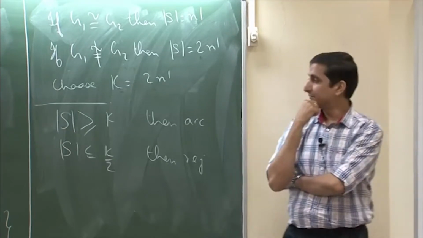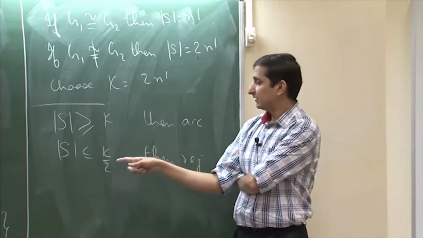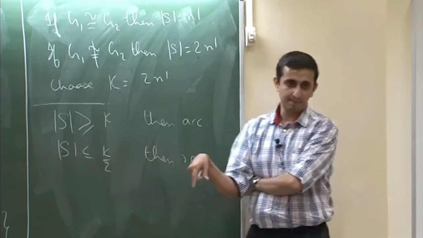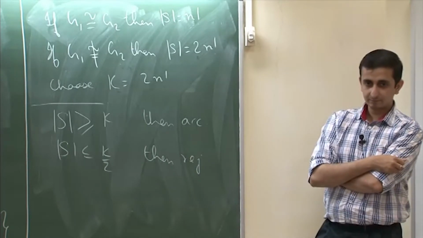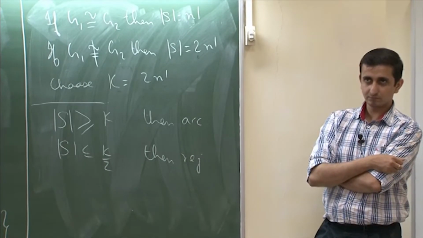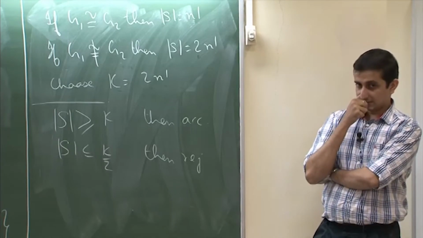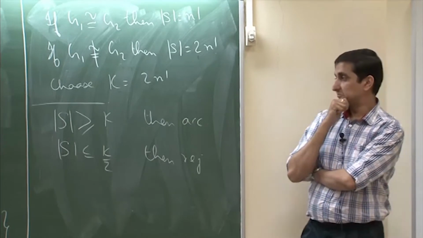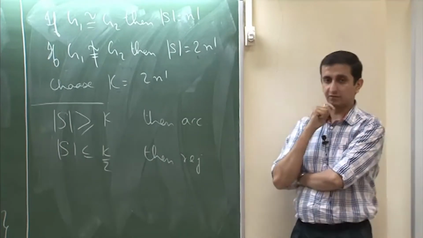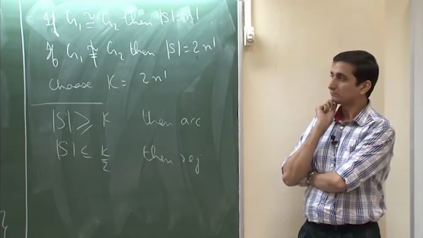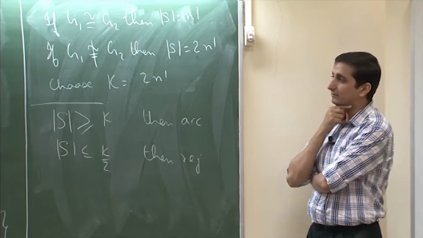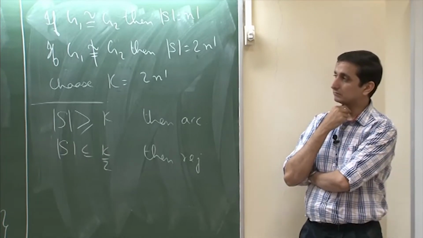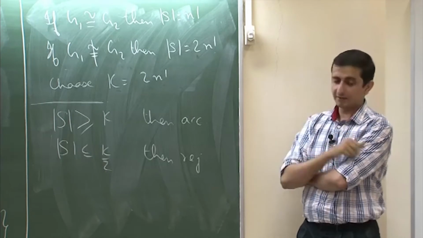Suppose the gap is less than some c times k, where c is a constant that is less than half, and some linear term, some constant term, added to k. Maybe, I do not know. Might help. There is no reason why it should not help, I guess. But you can think about that.